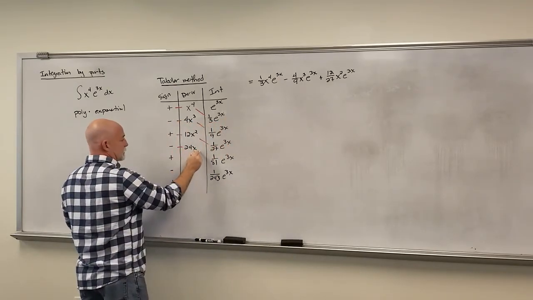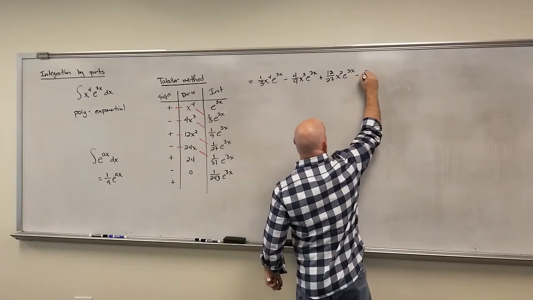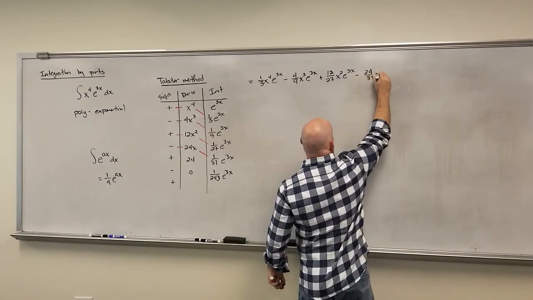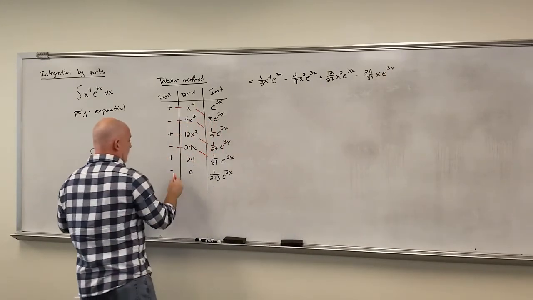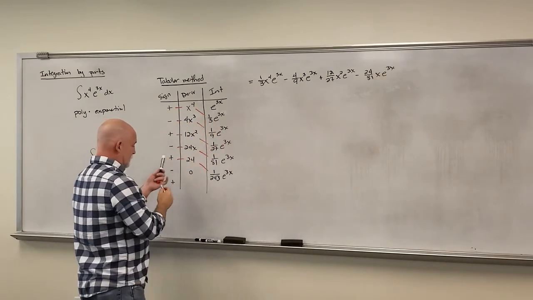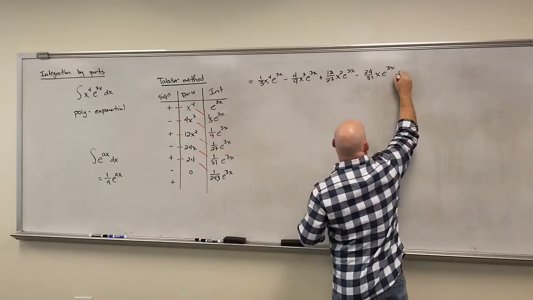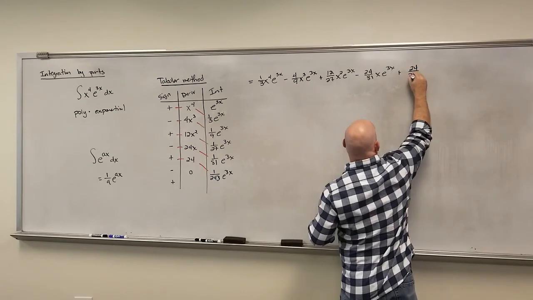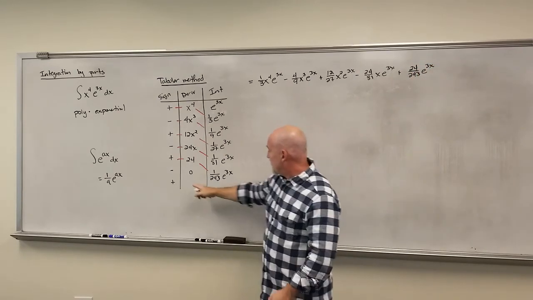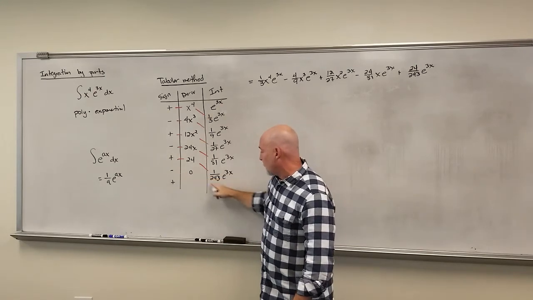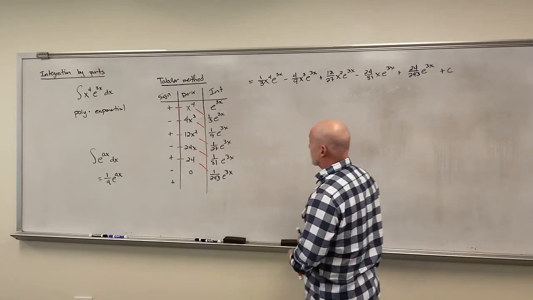Minus 24 over 81 x e to the 3x. Across and down, so that's going to be plus 24 over 243 e to the 3x. Now notice everything after that, since all these derivatives are 0, would all be zeros. So that's it, plus c.